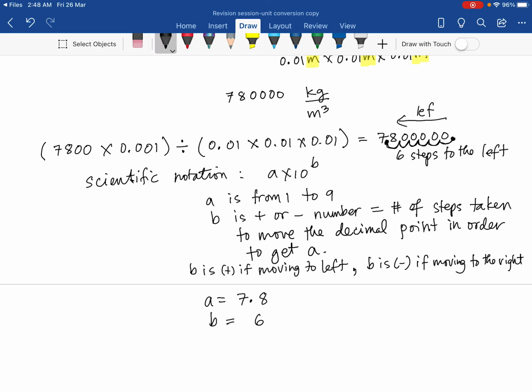In this case, we move to the left, so B will be positive. And so our scientific notation will be equal to 7.8 times 10 to the 6.